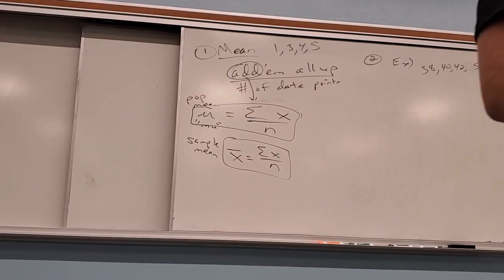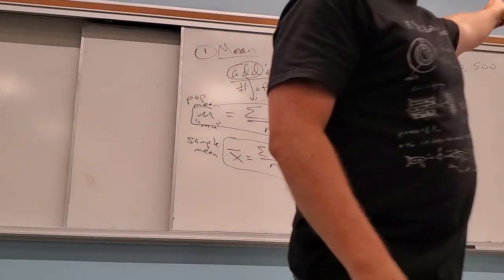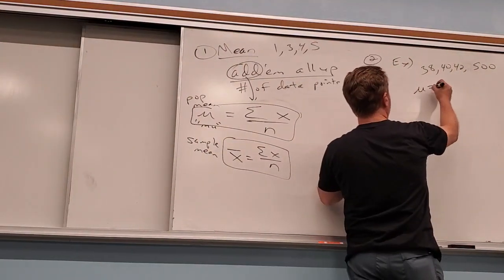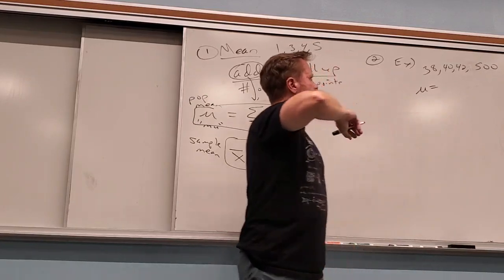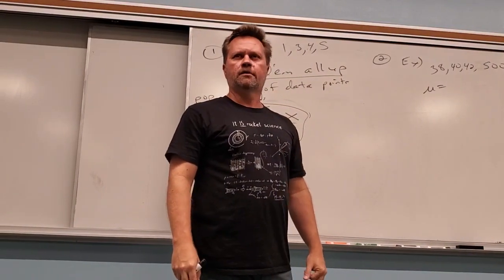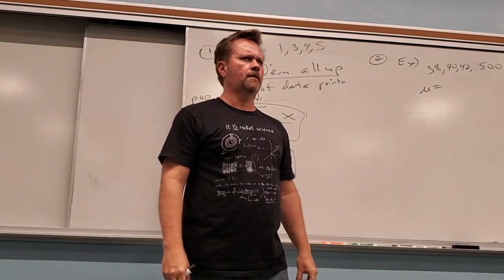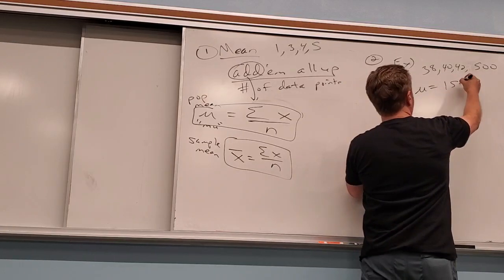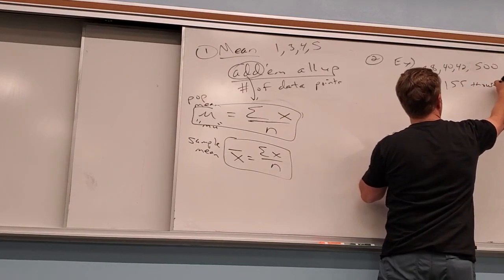And they take the average and they tell me the number. Can anybody really quickly, what's the average of those? This is my population, by the way, right? What's the average of those? 155. You're correct. So over 155,000, right?